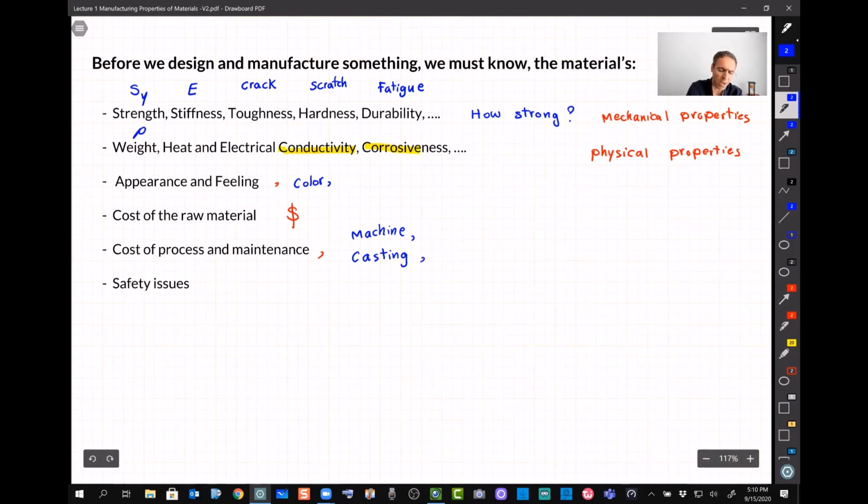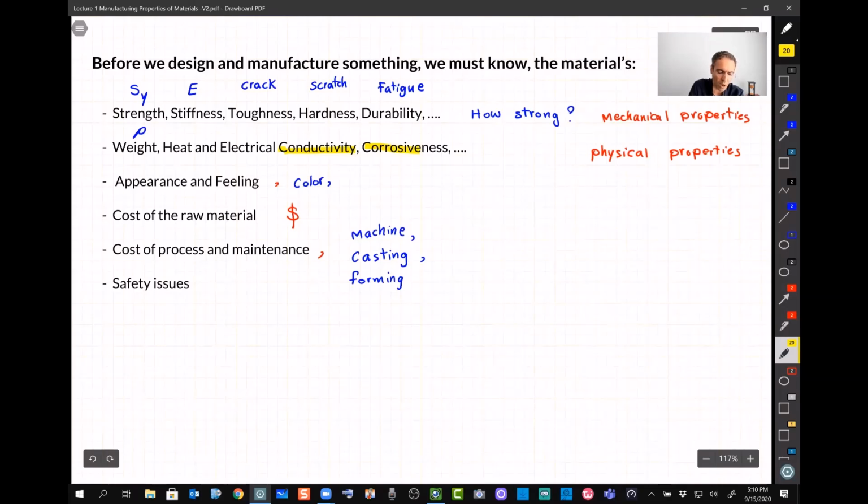And there are many other things that you need to consider. For example, if you decide to make something by forming, again, it is important to know how brittle or ductile the material is, how flexible it is, so you can form it. And also you need to care about safety. You may say, why safety?